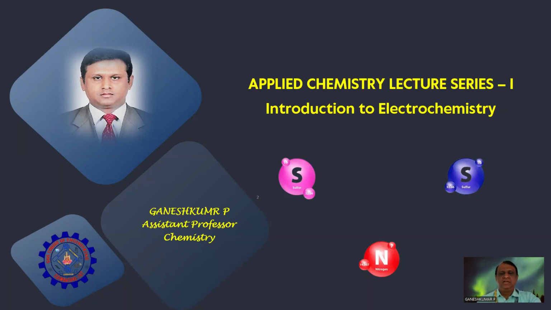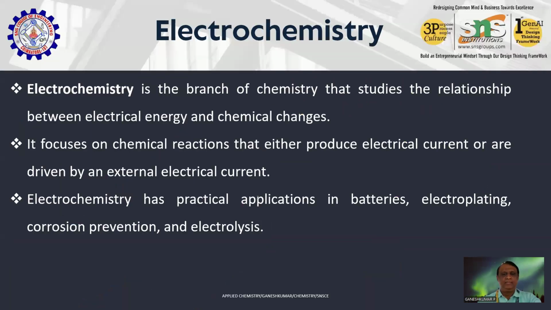In this lecture series, we will discuss electrochemistry. In this session, we discuss the Introduction to Electrochemistry. What is electrochemistry? It is a branch of chemistry that studies the relations between electrical energy and chemical changes.